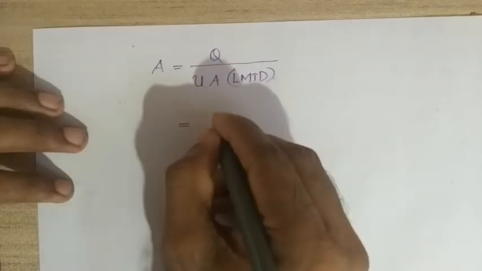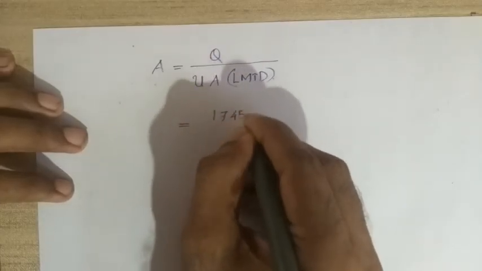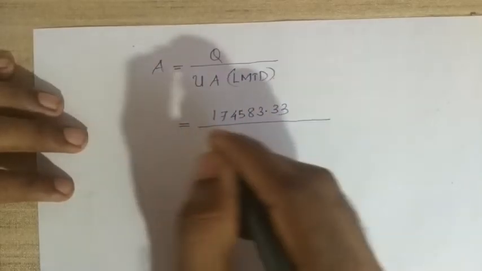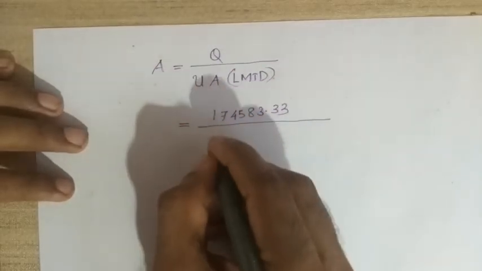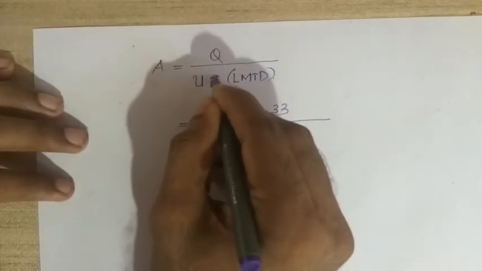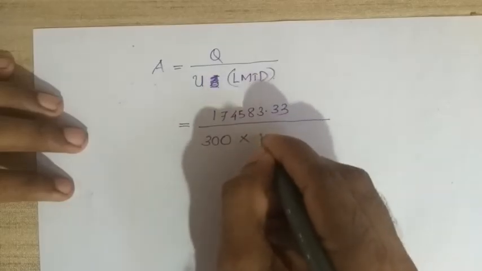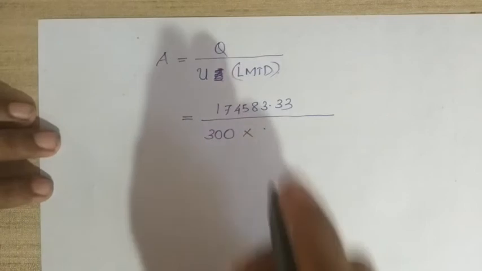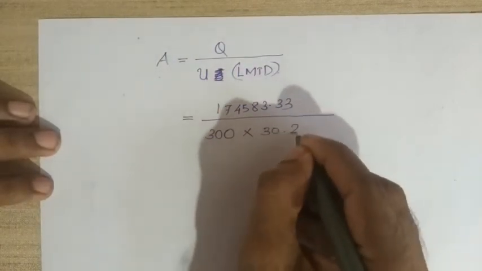This is equal to 174583.33 watts divided by U, the overall heat transfer coefficient, which is 300 watts per meter square Kelvin, into the LMTD value we obtained, 30.26.